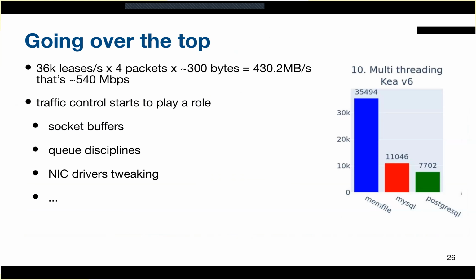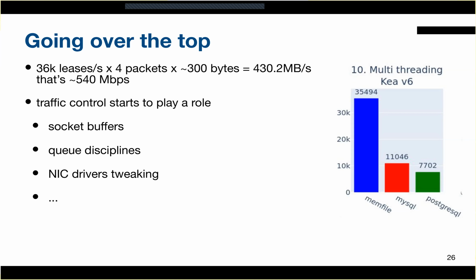And finally, it's important to say honestly, there are upper limits of every performance. You cannot really increase the performance indefinitely. And right now, with the numbers that we are getting, I did pretty basic calculations. For the most performant scenario, we have 36,000 leases per second, which means 4 packets each.